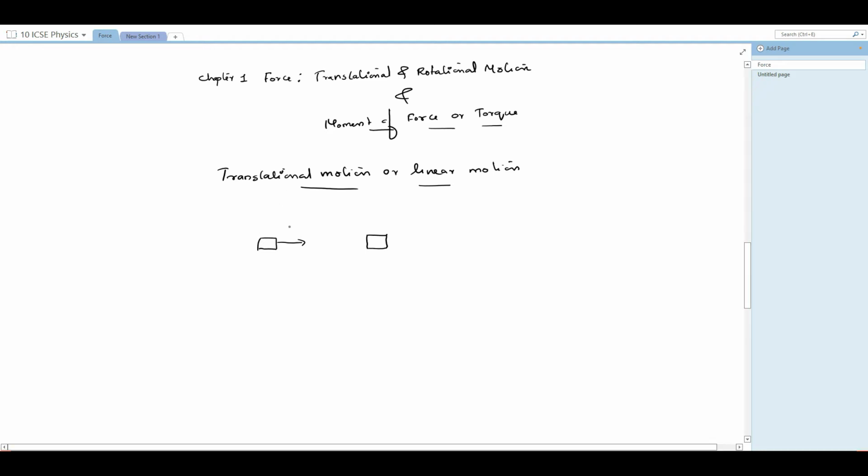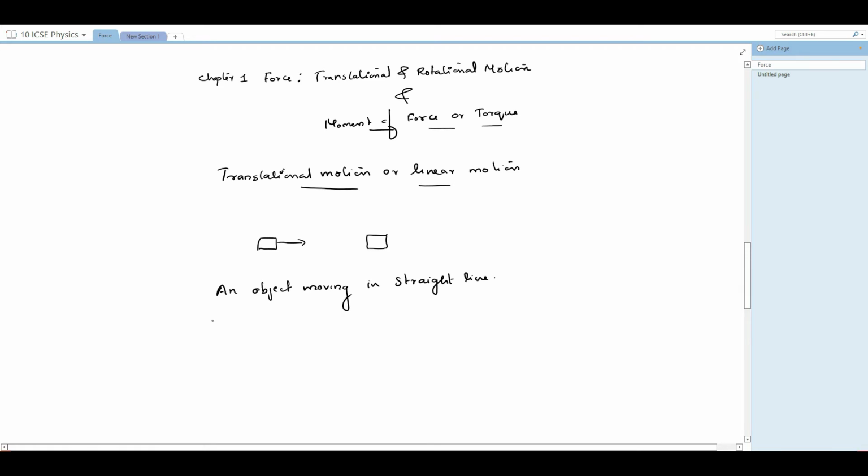So by definition what we can write is, an object moving in a straight line is called translational or linear motion.